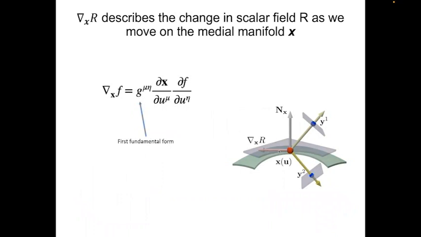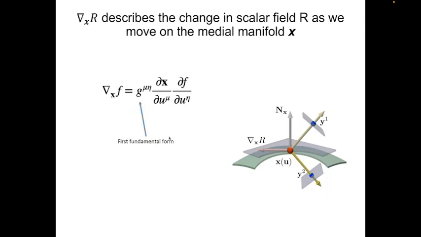The version here with the indices in a superscript is the contravariant metric tensor, so it's the inverse of the first fundamental form. And then we have here the tangent directions corresponding to the components of u, and then the change in function f, of course, with respect to the components of u.